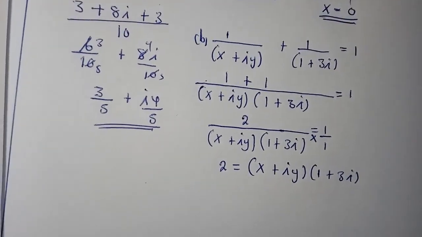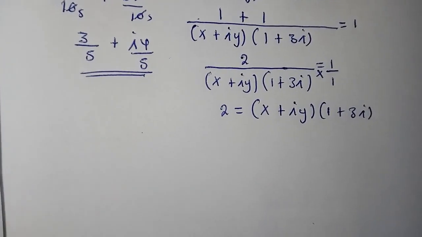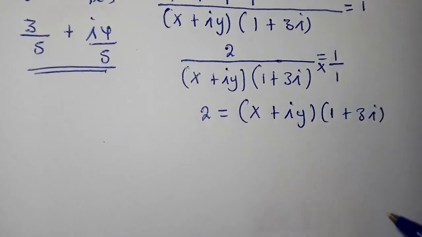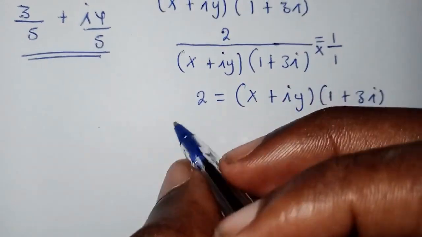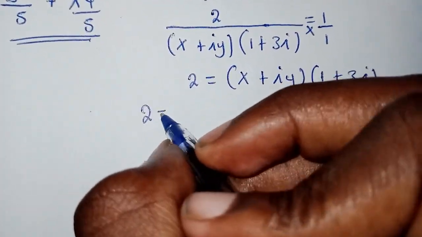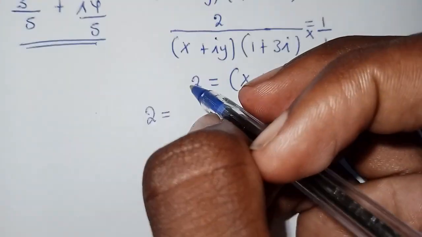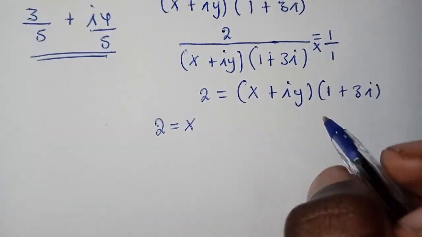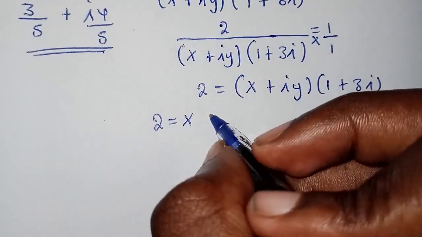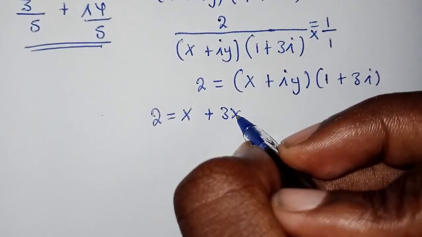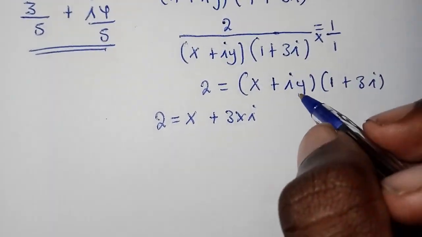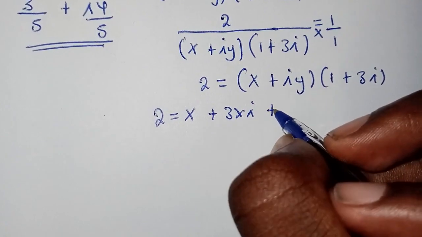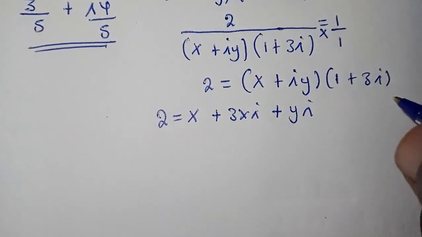From here, what we're going to do is expand everything. So 2 is equal to x multiplied by 1, we are going to get x. Then x multiplied by 3i, this is going to be plus 3xi. y multiplied by that is going to be plus yi.